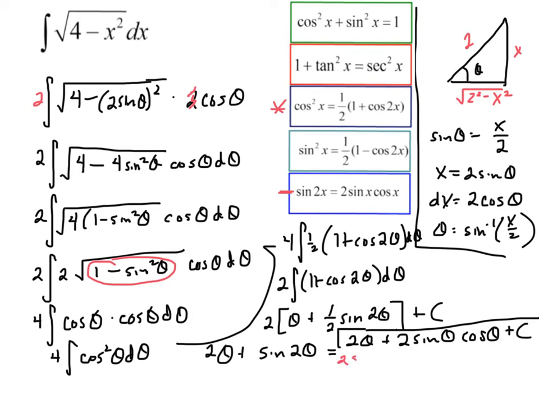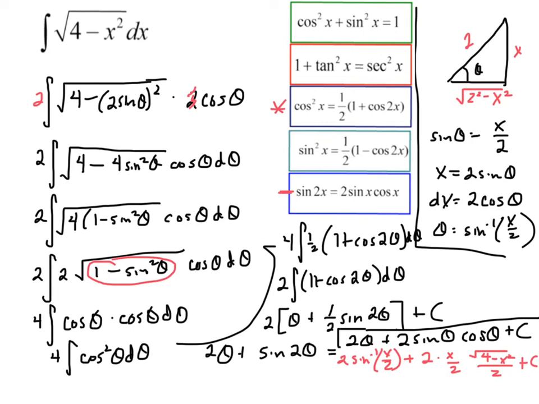So 2 times the inverse sine of x over 2 plus, now, this gets a little tricky because the sine of theta, well, I know the sine of theta is x over 2. I can look up here and see that, right? The cosine theta I've never had to use, but cosine is adjacent over hypotenuse. So I could replace the cosine with the square root of 4 minus x squared all over 2 plus c.